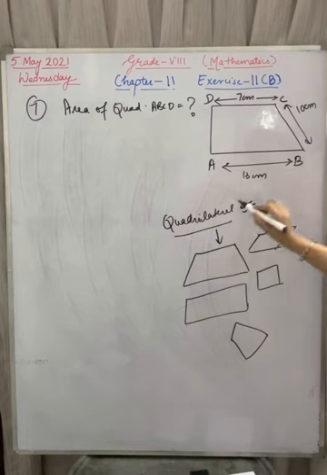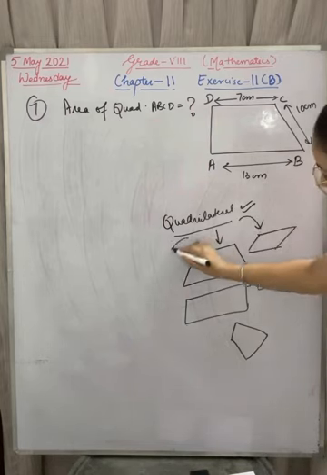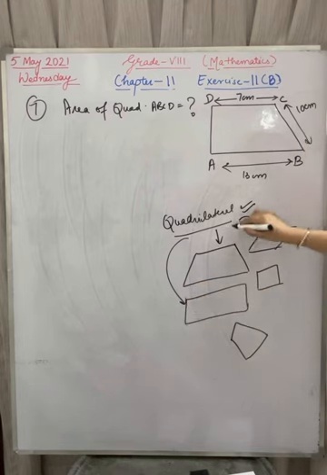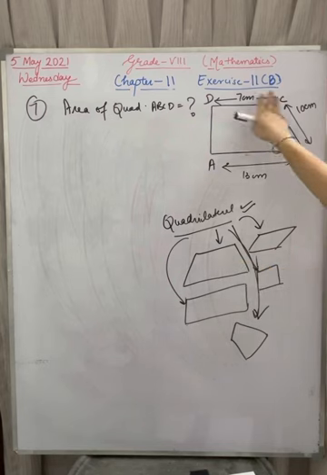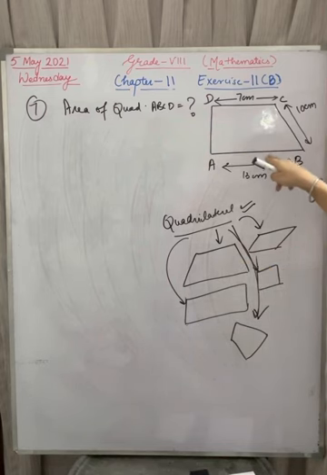A trapezium is a quadrilateral, a parallelogram is a quadrilateral, a rectangle is a quadrilateral, a square is a quadrilateral, a rhombus is a quadrilateral, a kite is a quadrilateral. So you have to identify which shape is given in the question.